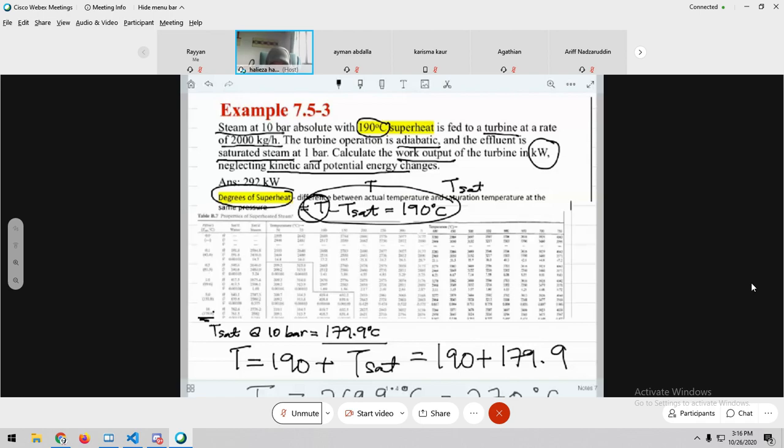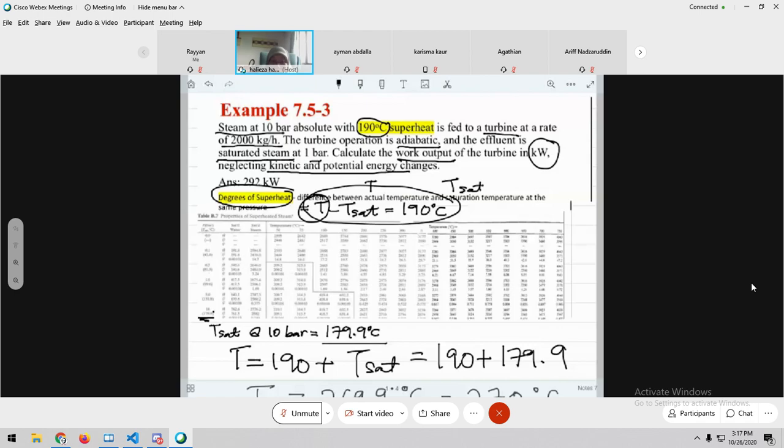At that temperature, you feed it to a turbine at a flow rate of 2,000 kilograms per hour. Your turbine is operating adiabatically, and the outlet stream is saturated steam at 1 bar. Ignore kinetic and potential energy and calculate the work that the turbine will be giving off, or the output work.